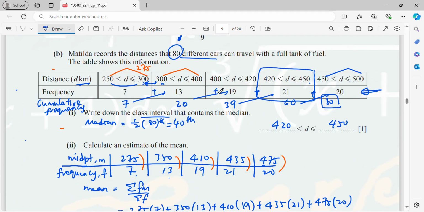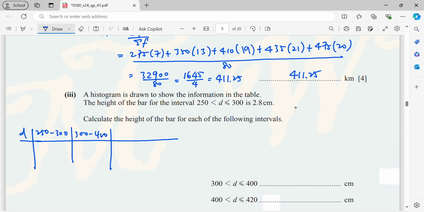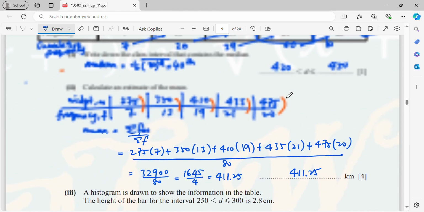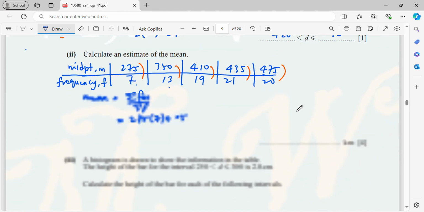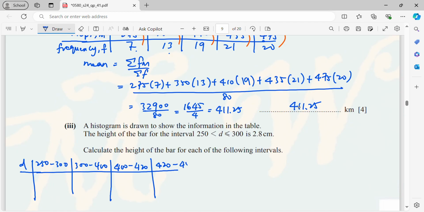Then the next one is 400 to 420. After that, 420 to 450, and 450 to 500. Then copy the F from the previous part: 7, 13, 19, 21, and 20.